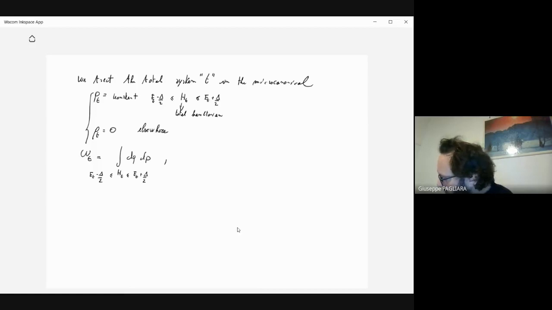Now let us introduce the fact that the total energy is equal to the energy of the system S plus the energy of the reservoir, first of all. Okay.